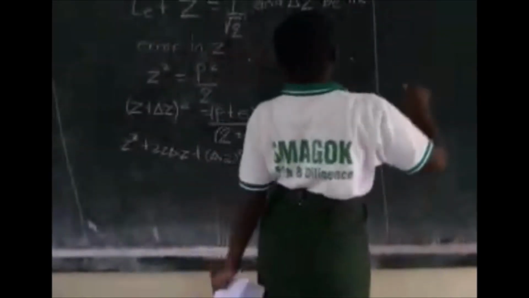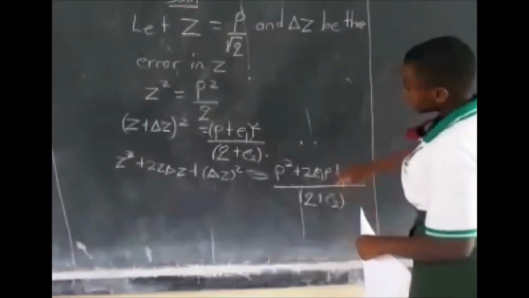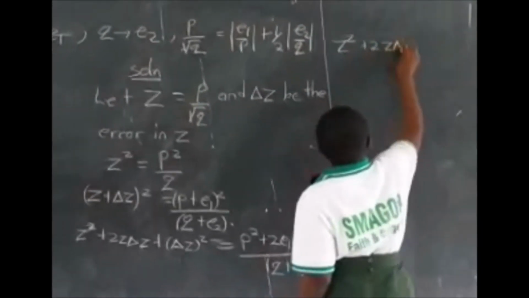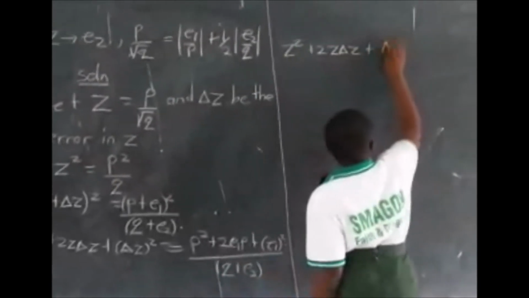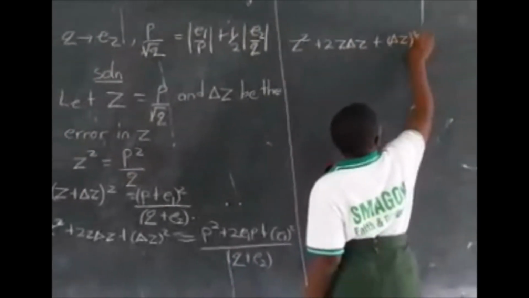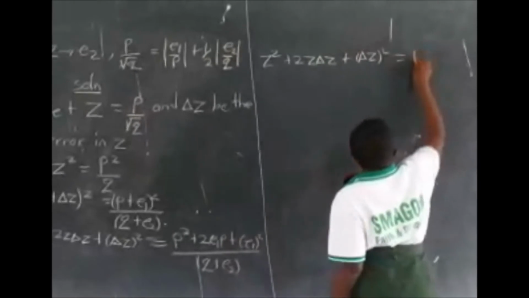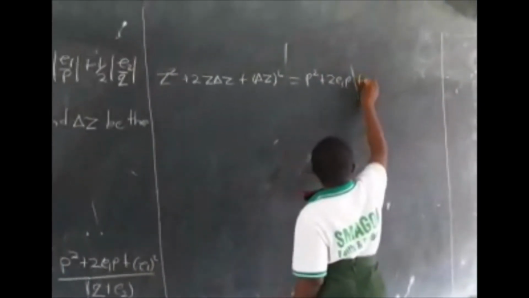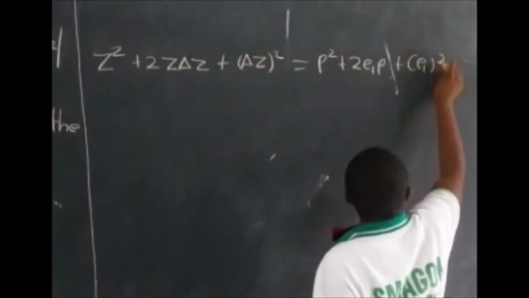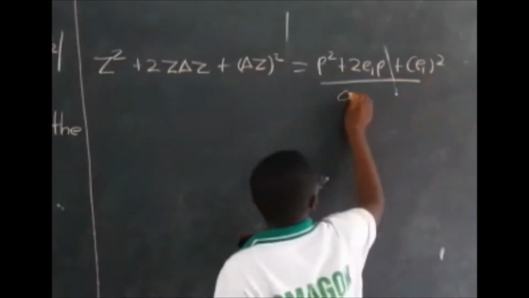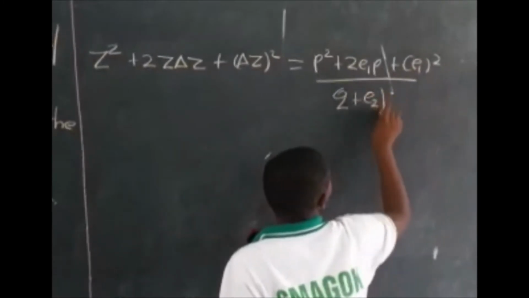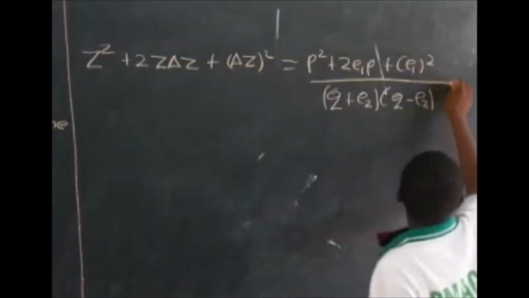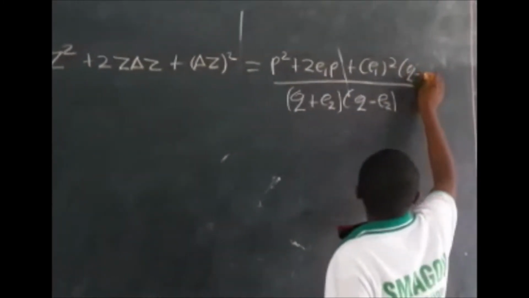Now, from there, we shall rationalize this by writing Z squared plus 2Z delta Z plus delta Z squared is equal to P squared plus 2E1P plus E1 squared, divided by Q plus E2, into Q minus E2. Also here up we write Q minus E2.